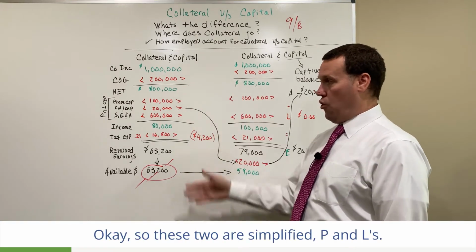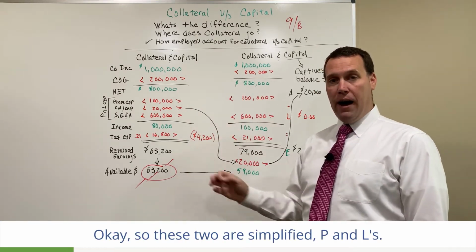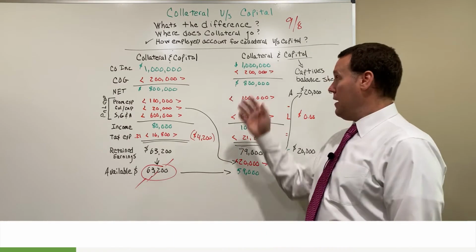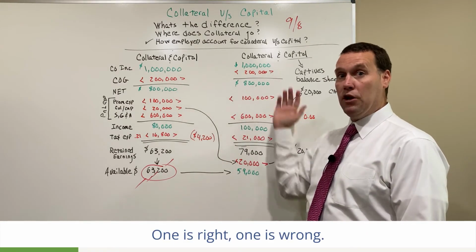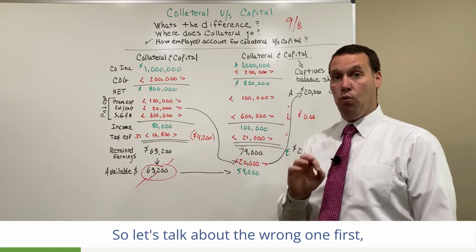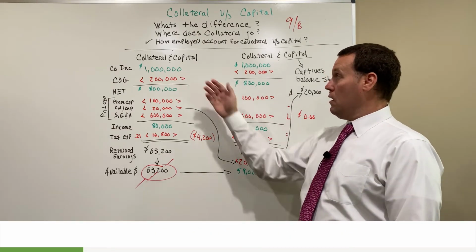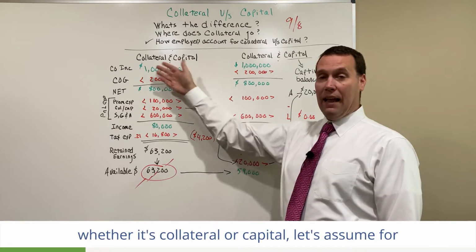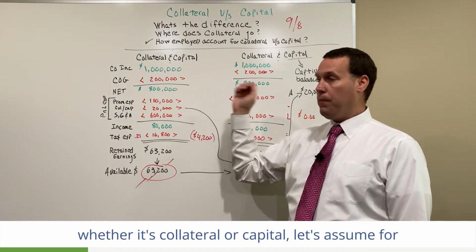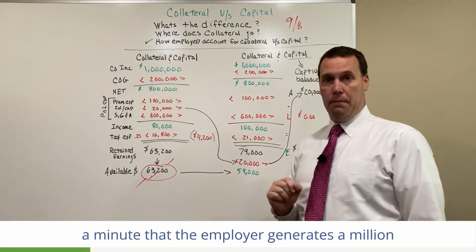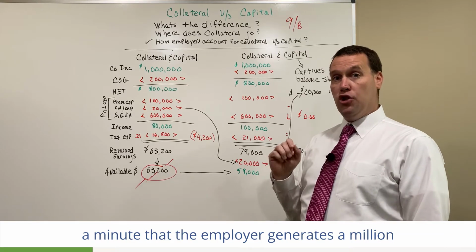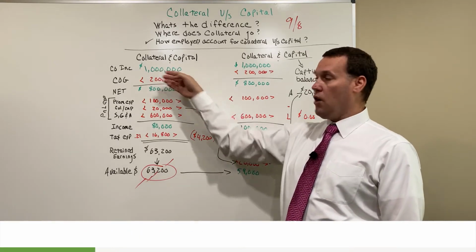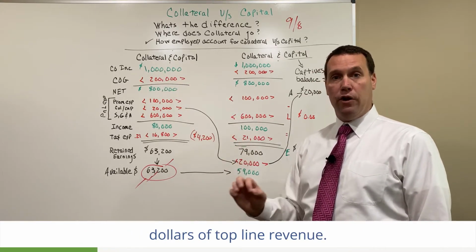So these two are simplified P&Ls. One is right, one is wrong. So let's talk about the wrong one first. Whether it's collateral or capital, let's assume for a minute that the employer generates $1 million of top-line revenue.